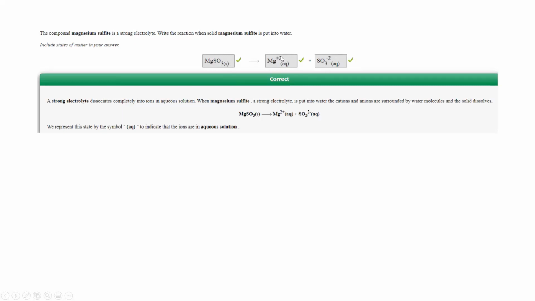Magnesium is +2 because it belongs to group 2, and the sulfide anion is -2. You can have this from a list of the compound anions and cations. And then you get the ions in aqueous solution. Remember that aqueous is supposed to be as a subscript.